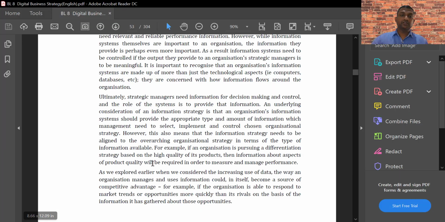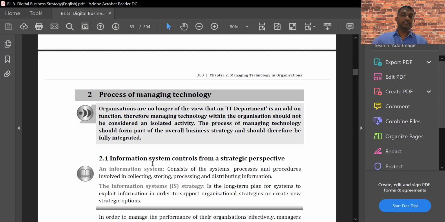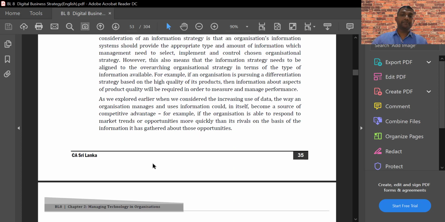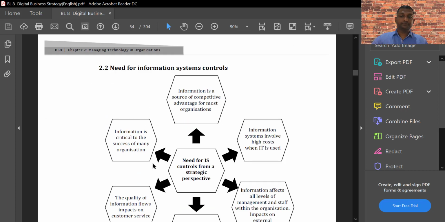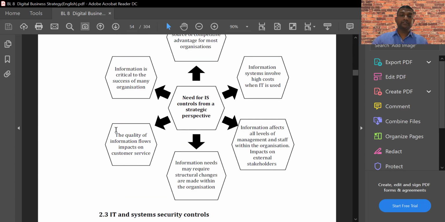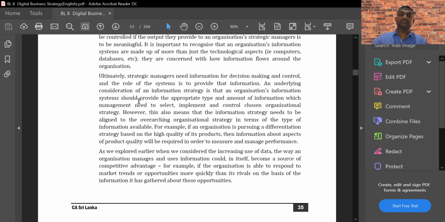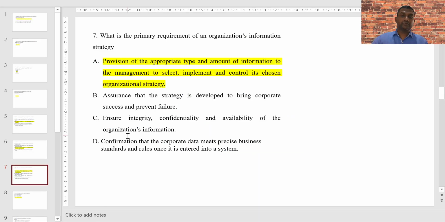So this is a part of a long explanation in the second chapter, and if you completely read this by marking several key points and looking at this diagram, you can understand how different information systems are controlling the organization's information strategy. So for this question, you can say that provision of the appropriate type and amount of information is one of the primary requirements.